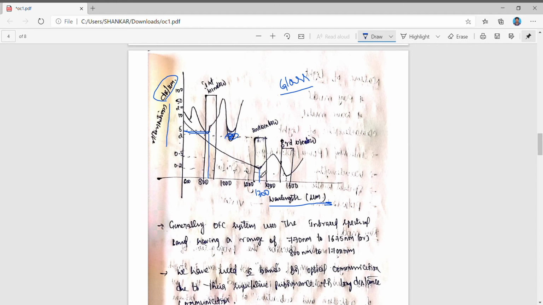As the years went on, the wavelength range increased, and there were big changes in the attenuation values. The attenuation is 5 dB per kilometer at 850 nanometers. Coming to the second wavelength, 1300 nanometers, the attenuation is 0.5 dB per kilometer.